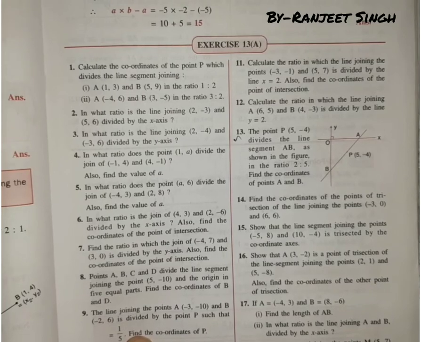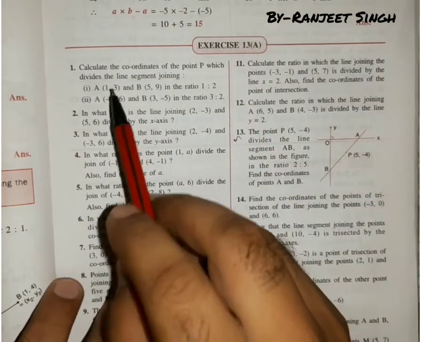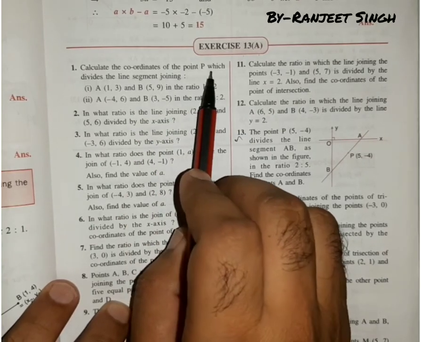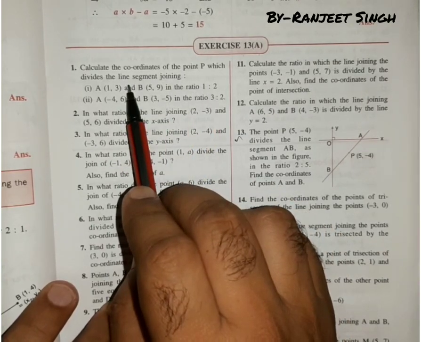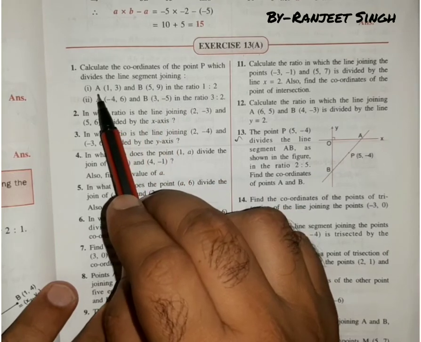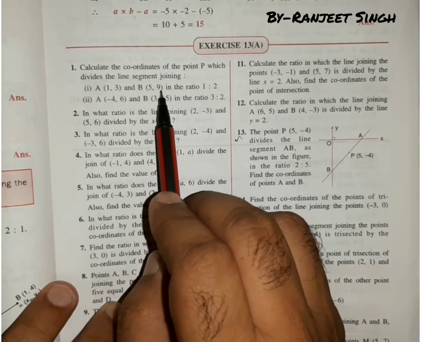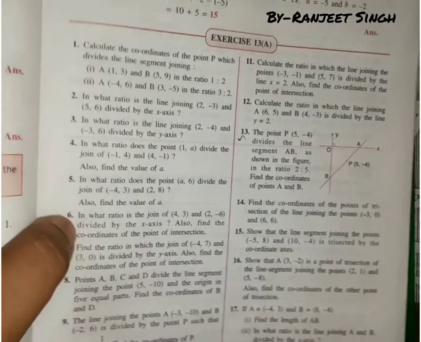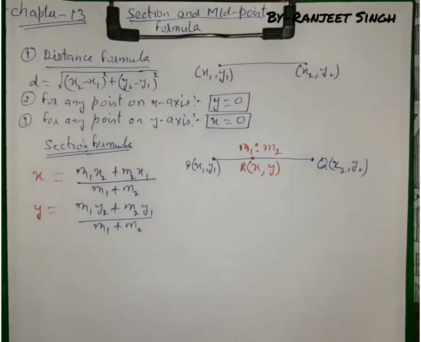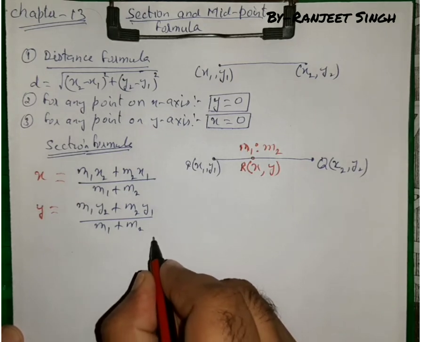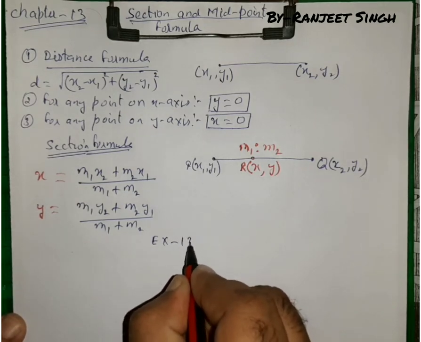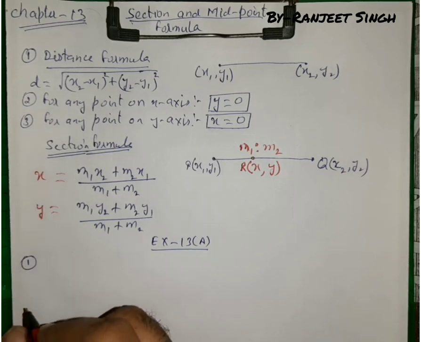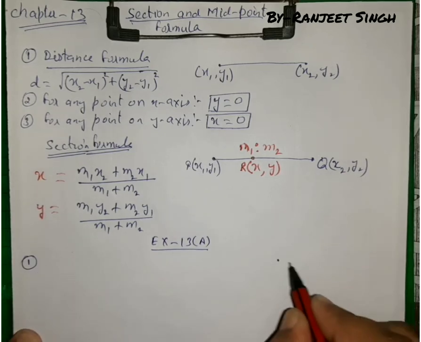Now taking questions from exercise 13a. First question is, calculate the coordinates of the point P which divides the line segment joining A(1, 3) and B(5, 9) in the ratio 1 is to 2. So in the solution, I am talking about exercise 13a, question number 1.